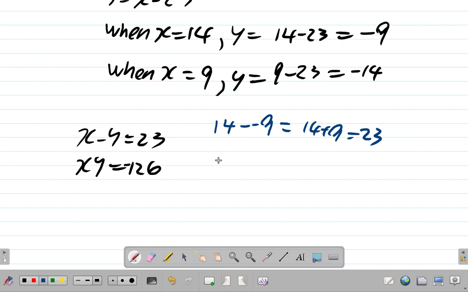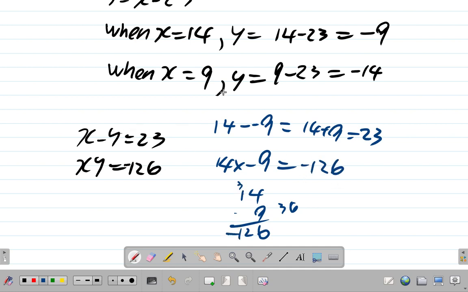And try the 14 and 9 again. 14 multiplied by negative 9: 9 times 4 is 36, bring down the 6, carry 3, 9 times 1 is 9, plus 3 is 12. Negative 126. Okay, so the first set of values, 14 and negative 9, they work.